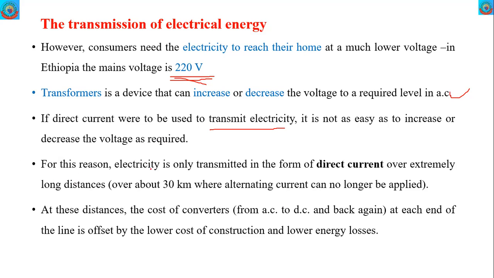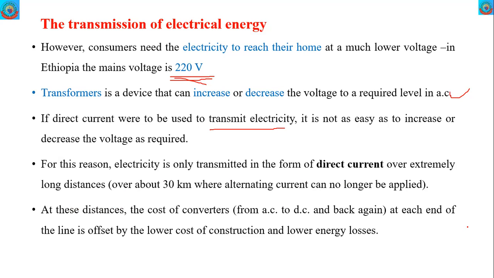Okay. For this reason, electricity is transmitted in the form of direct current over extremely long distances, especially in high power transmission from power generation to consumer. We use the direct current method, and then when it comes to dispatch, we change it to alternating form.